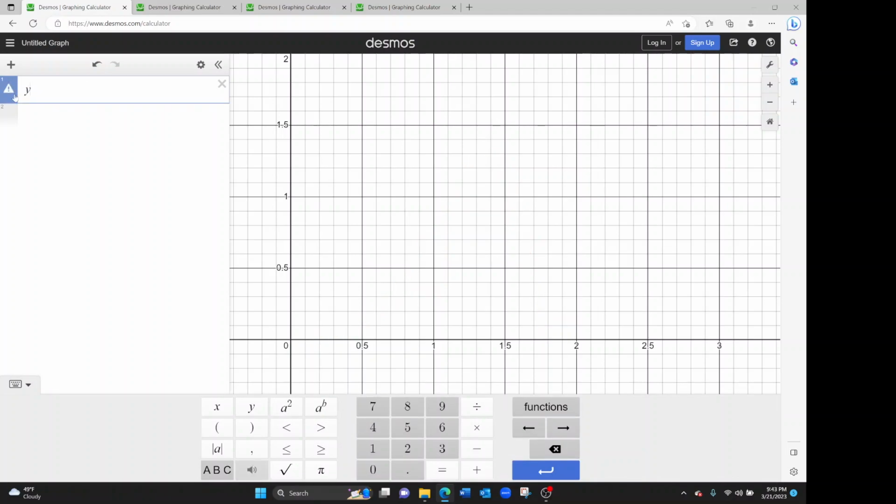So I have y equals negative 2x. And then I have y equals, because I want to show you how this is going to help us here, 0.5x minus 15 over 2.